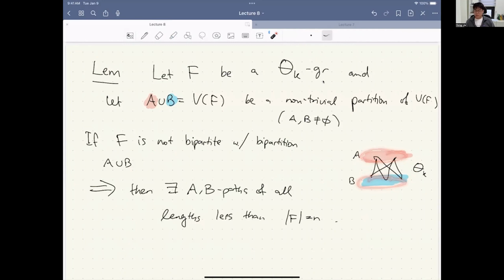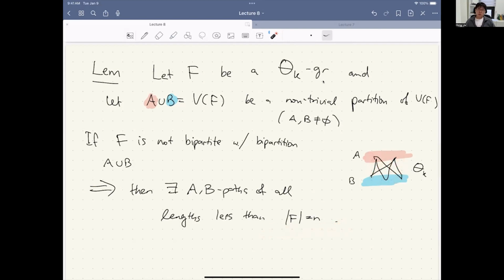As long as it's not the case that this theta graph is bipartite with AB as a bipartition, then we can always find an AB path, meaning a path starting in A and ending in B, realizing all lengths strictly less than the total number of vertices in the theta k graph.